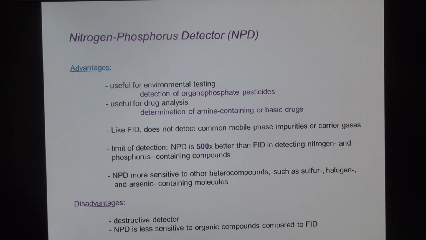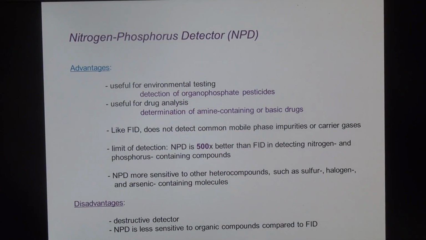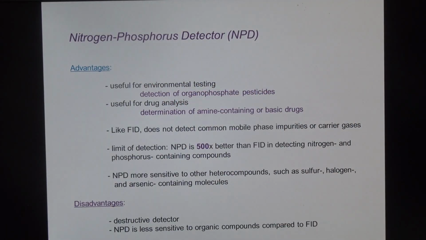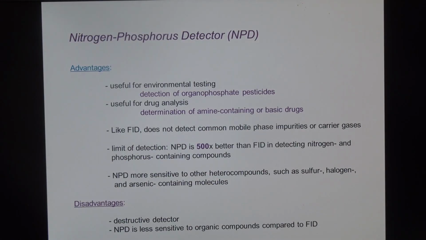The advantages include they are very useful for environmental testing or drug analysis, because environmental materials and drugs usually contain phosphorus or nitrogen. Since they are especially sensitive for nitrogen or phosphorus containing compounds, for those compounds they have a very good limit of detection. Okay. But they are also a destructive detector, because they use a flame. Okay.